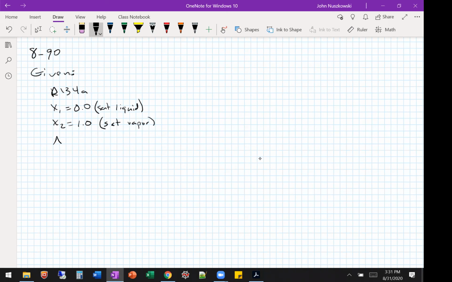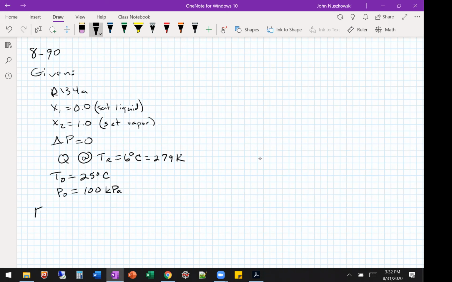The pressure change is 0. We have heat transfer occurring at a reservoir temperature equal to 6 degrees Celsius, which is 279 Kelvin. The dead state temperature is 25 degrees Celsius. The dead state pressure is 100 kPa.